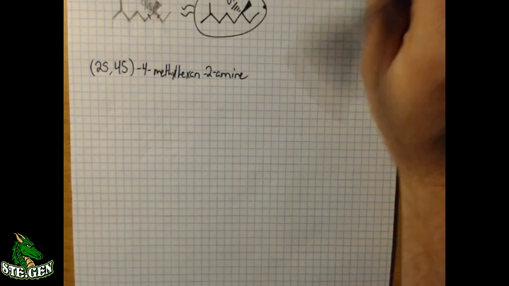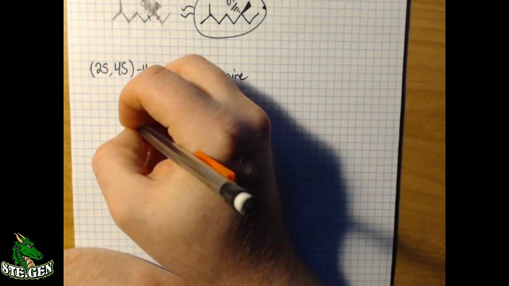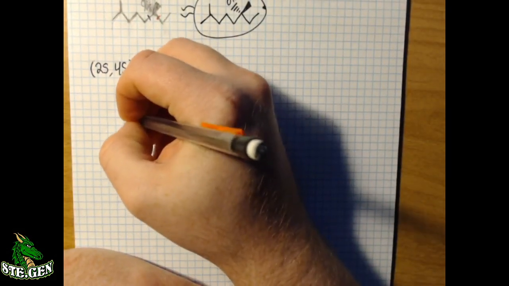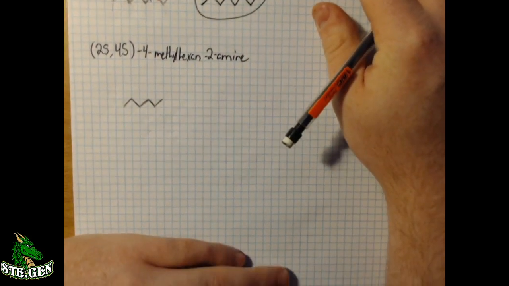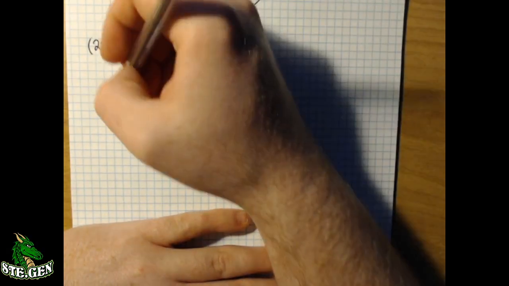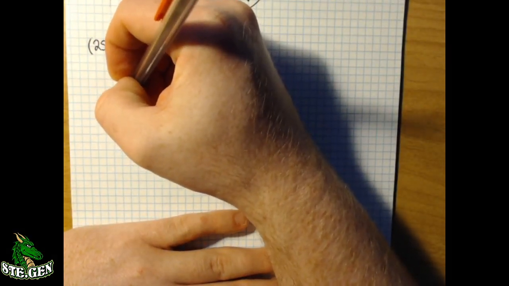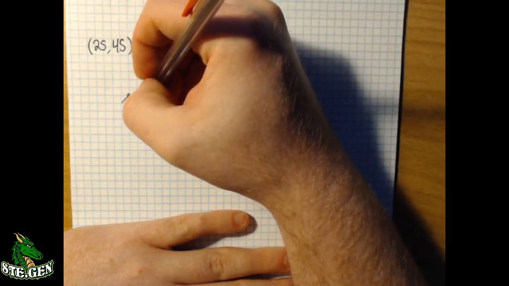Okay. Now we've got a hex. So we've got 1, 2, 3, 4, 5, 6. We've got a 6-carbon chain. We know that our stereocenters are going to be here. What's 1, 2? And 1, 2, 3, 4.